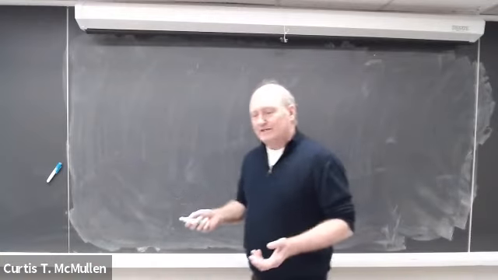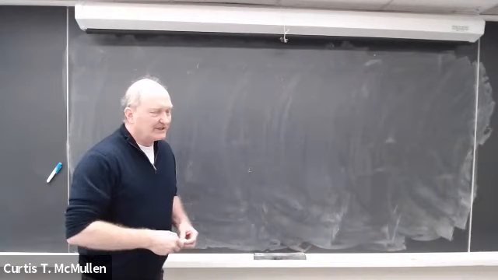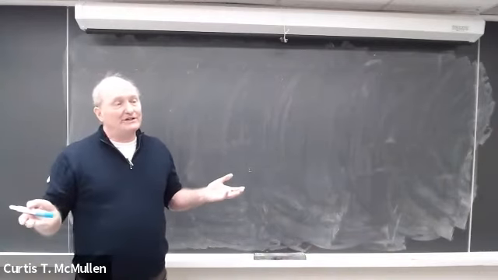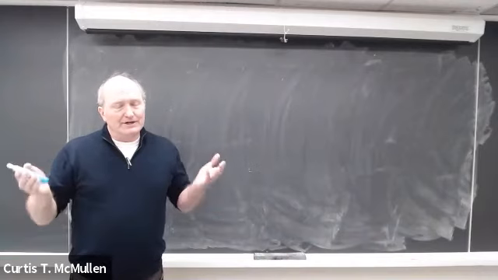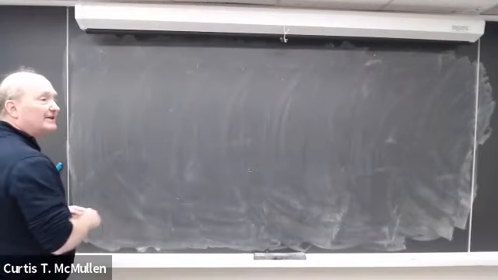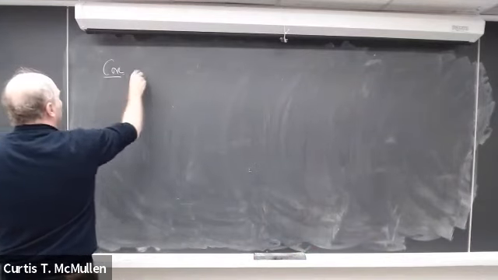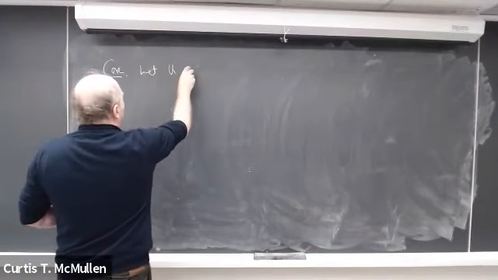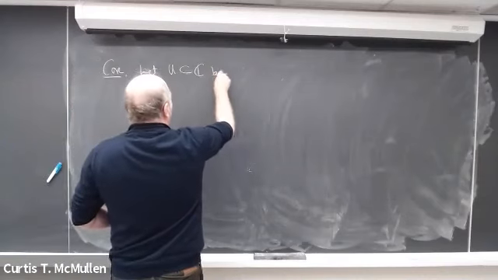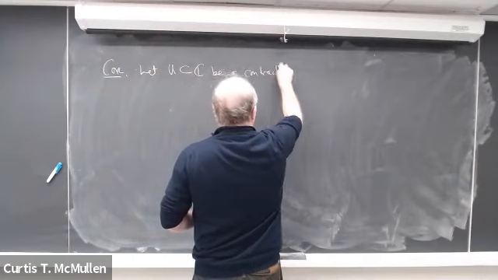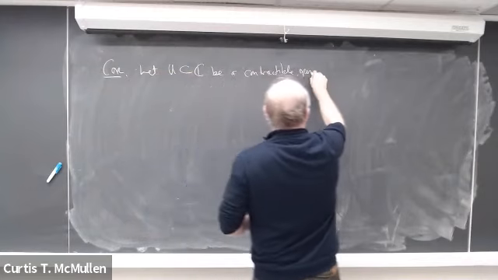And in fact, for regions in the plane, or for surfaces, the assumption that it's simply connected is the same as the assumption that it's contractible. So what we proved is the following topological corollary. Let U contained in C be a contractible open set.